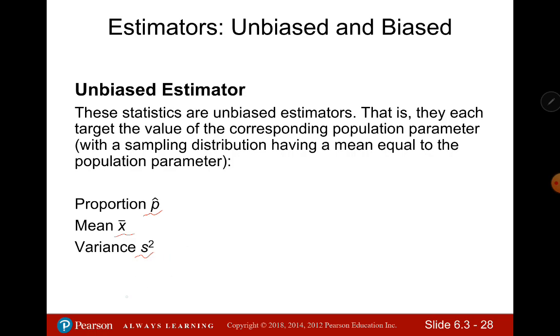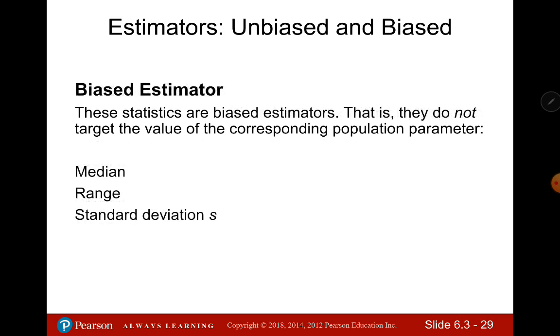So these three are three important unbiased estimators. And about biased estimators, you only need to memorize the standard deviation, because this one is very similar to the S squared variance, but make sure you know the variance is unbiased, but the standard deviation is biased.